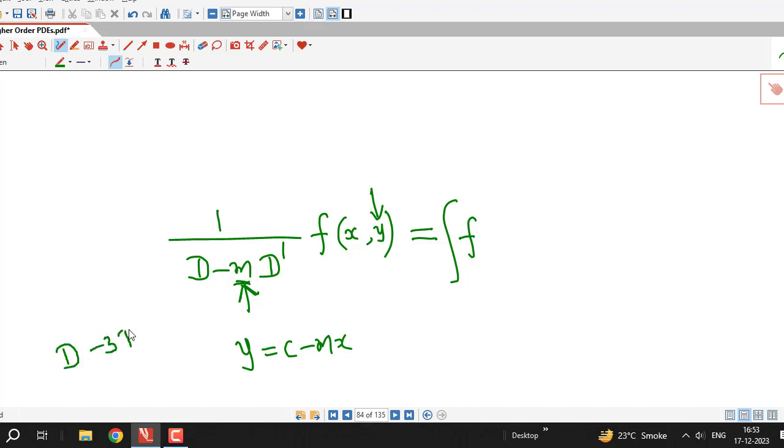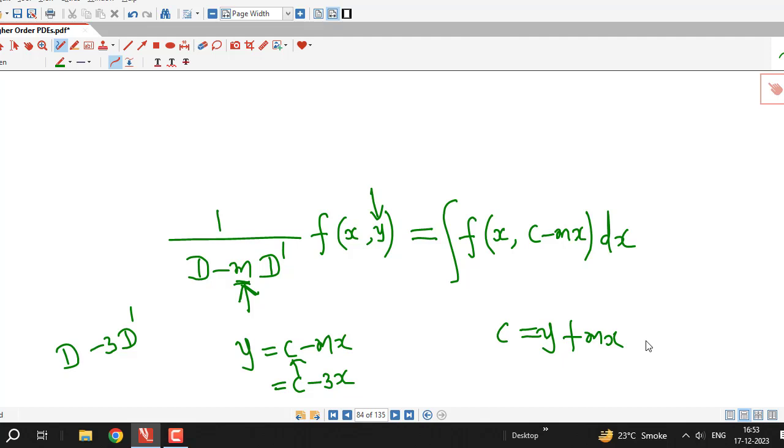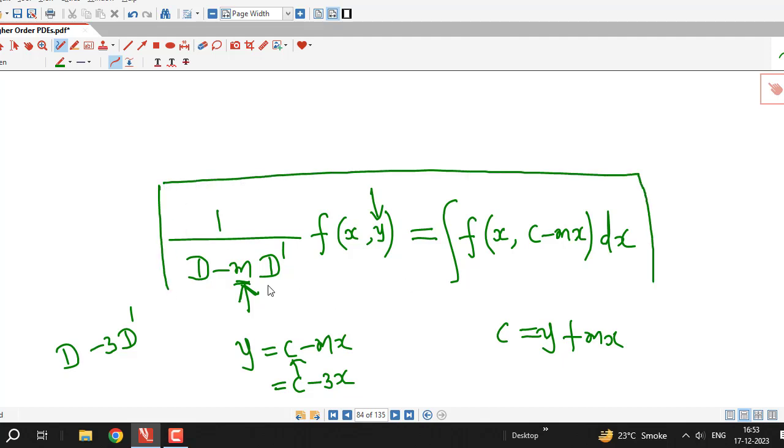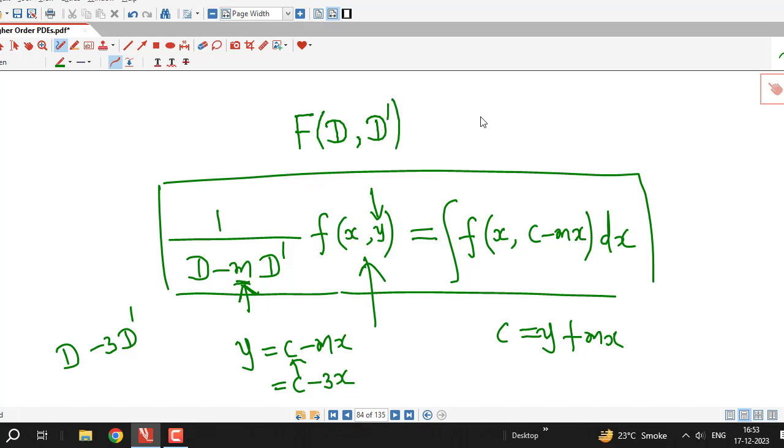Suppose my factor is D minus 3D', then I will take m equal to 3, and I will replace y by c minus 3x. So in short, we are converting this function of two variables x and y into a function of only one variable x, and after integration we have to replace this c by y plus mx. So remember this formula, and this method is applicable for any function on the right hand side, but one restriction is that our function of D and D' must be homogeneous in D and D'.